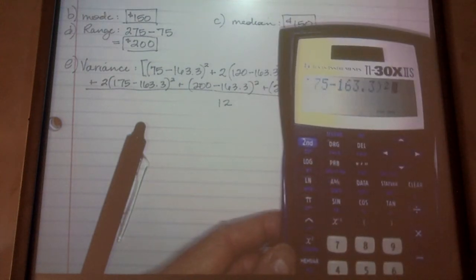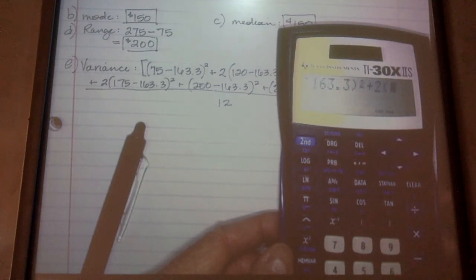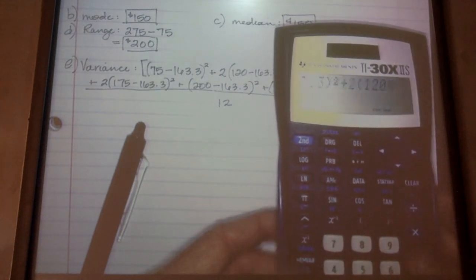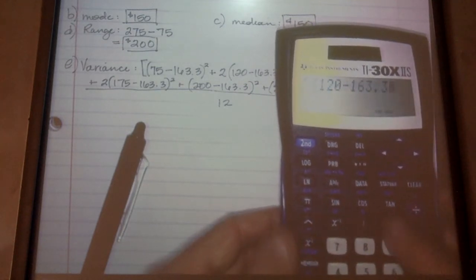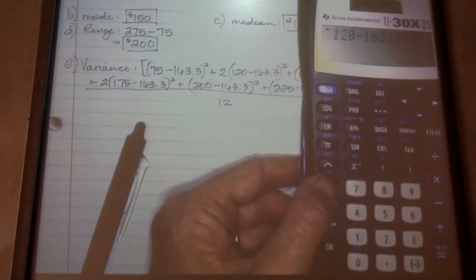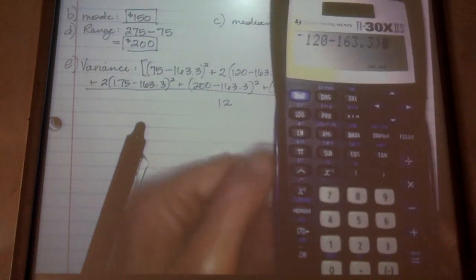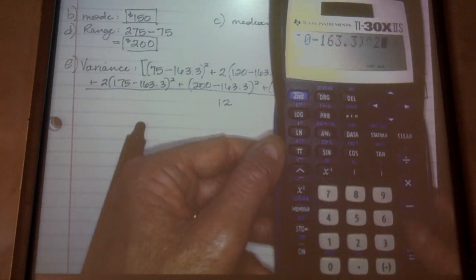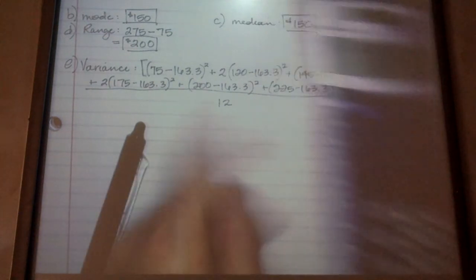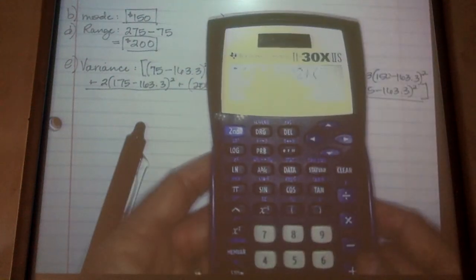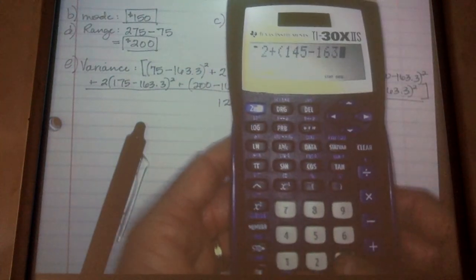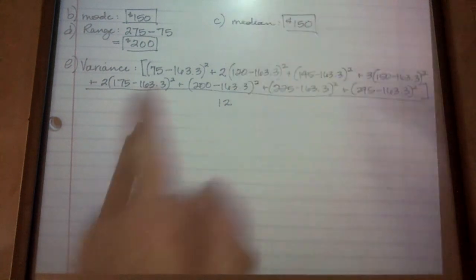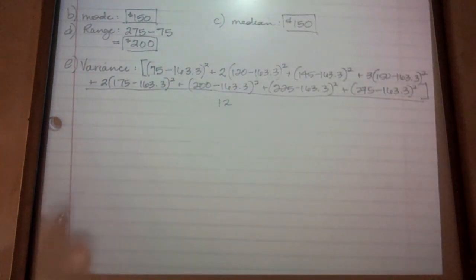And then I would do plus 2 parentheses, 120 minus 163.3 parentheses. Again, hit the squared button. Now, if you can't find the squared button, you'd use the exponent button to the second. So it's really up to you and your calculator. So I would just continue down the list, then parentheses 145 minus 163.3 parentheses. And I would keep going till I've entered all of it.